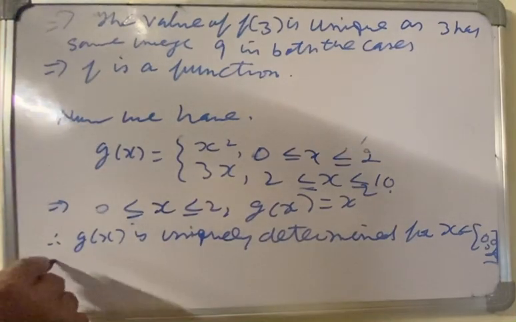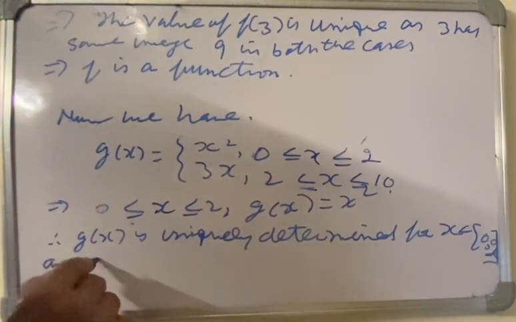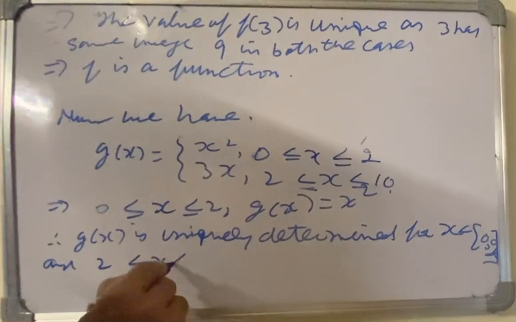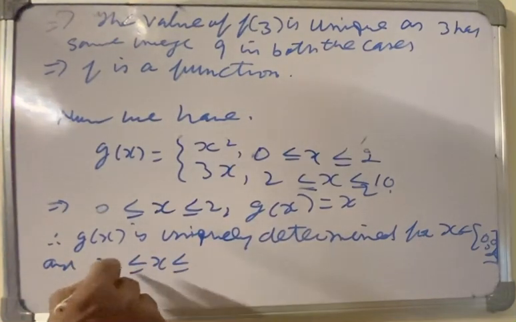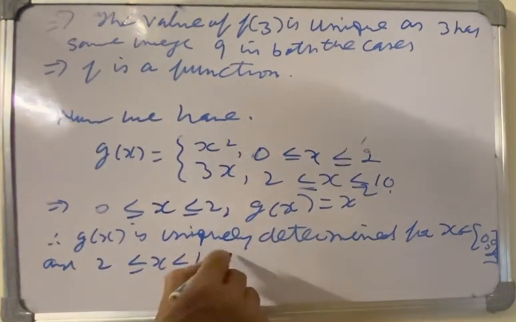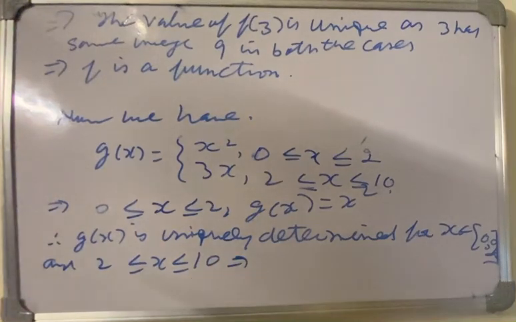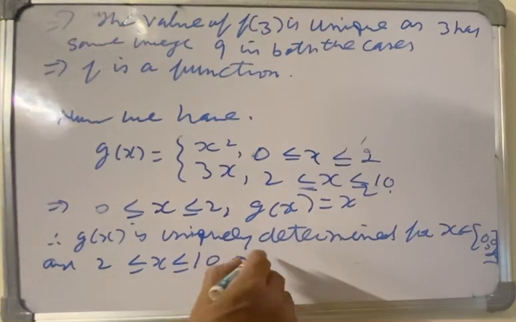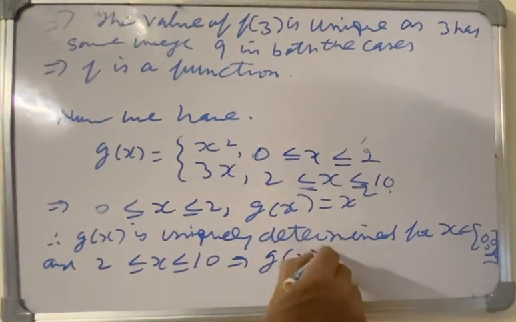And for 2 less than equal to x less than equal to 10, g(x) is equal to 3x.